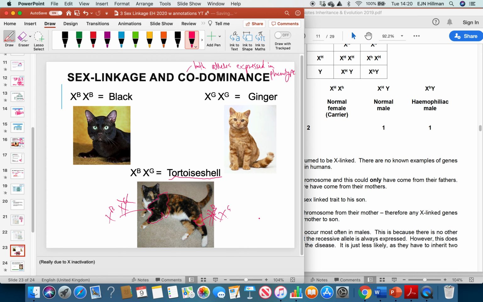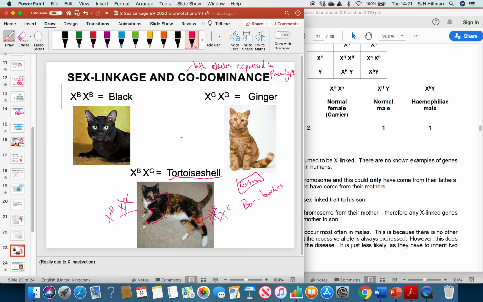If you want to have a look at that, there's a link at the end of this PowerPoint that I'll save on the OneDrive. But you can also look up this thing called Barr bodies, and that's shown in a few different places. But this is extra. You don't need to know it for the A level.